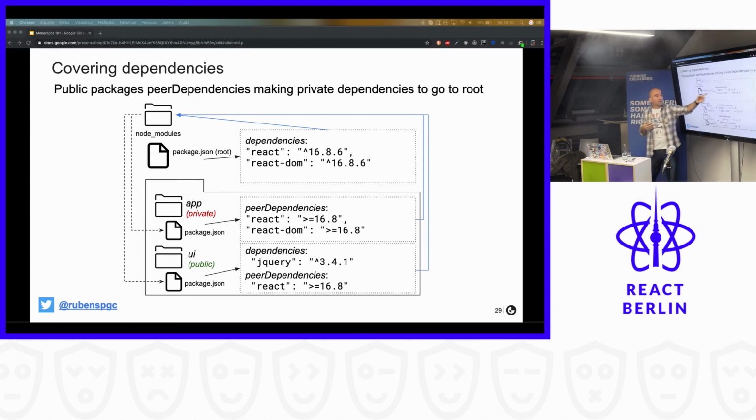You can just come here and put 16.9, and you're sure that all your subpackages are going to use 16.9. Easy. So find the intersection between them and bubble it up to the root package.json, the same one that we put to enable the workspace. Just use that one.